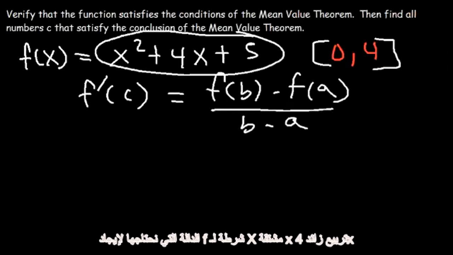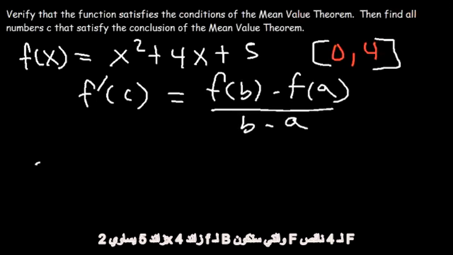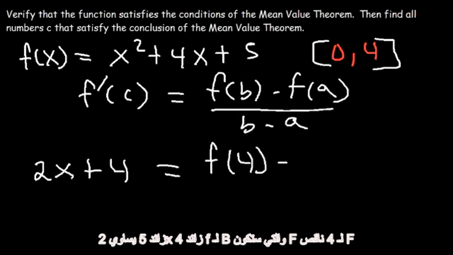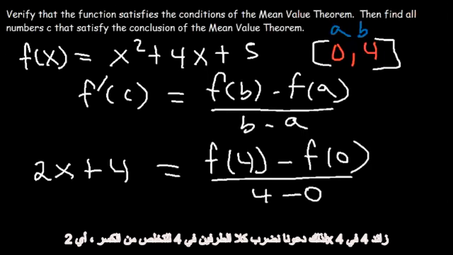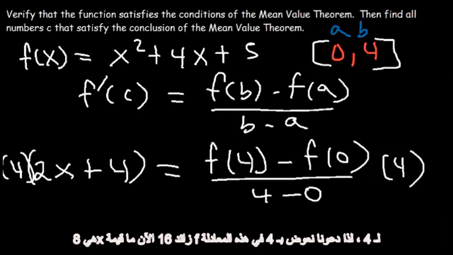The derivative of x squared plus 4x plus 5 is 2x plus 4. f of b, that's going to be f of 4, minus f of a, that's f of 0, divided by 4 minus 0. So let's multiply both sides by 4 to get rid of the fraction. So 2x plus 4 times 4 is 8x plus 16.